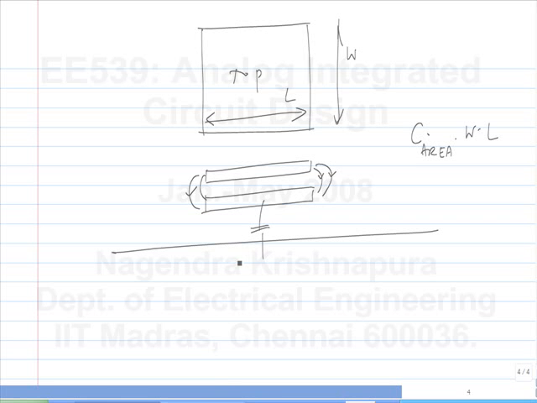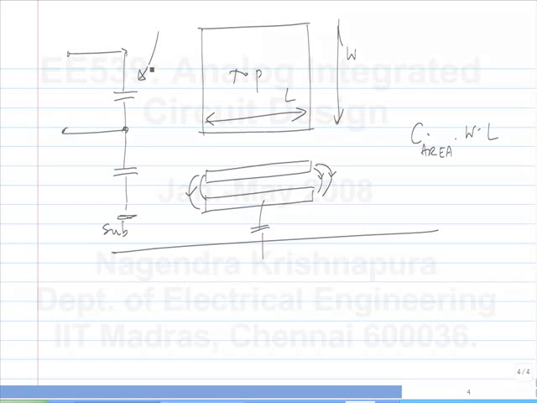So your capacitance is, let's say these are the two terminals of interest, you will get a capacitance between the two, and also you will have a capacitance to the substrate. So you will have to model all of these things in order to get a complete model of the capacitance. And also you have to keep in mind that this value is not dependent only on the area, it also depends on the perimeter. It has some component because of the area plus some component because of the perimeter. Okay.